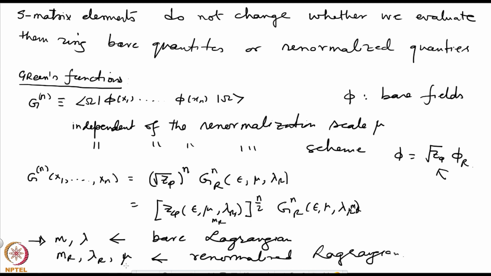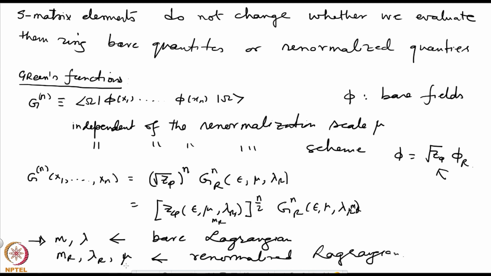Now because you have 3 parameters here, you choose a different value of mu. Choosing a different value of mu will still be okay, because you will be able to change lambda r and mr. Because not all 3 are independent, accordingly you change the values of lambda r and mr such that all the physical observables are reproduced exactly the way they were before.